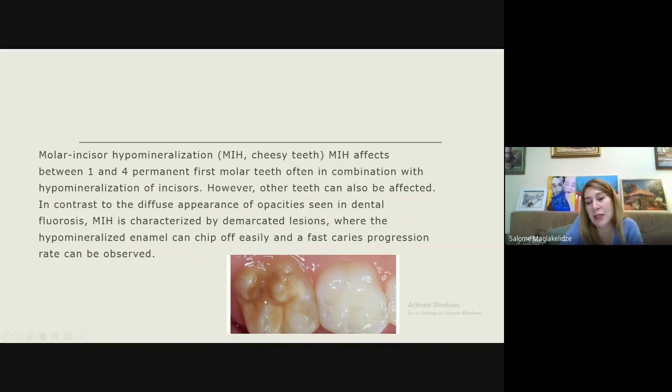And sometimes in these cases, maybe it's better to make a crown or some kind of onlay or inlay than making the standard procedure with the composite filling, because it won't stick there.